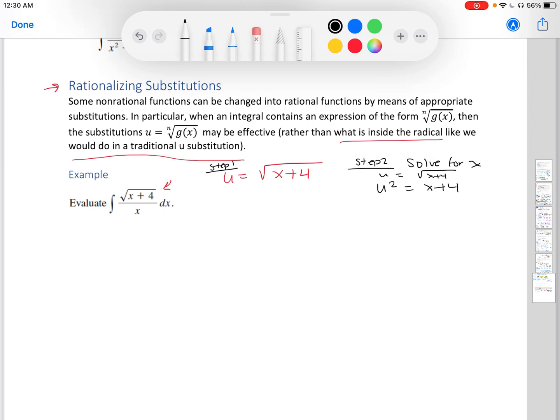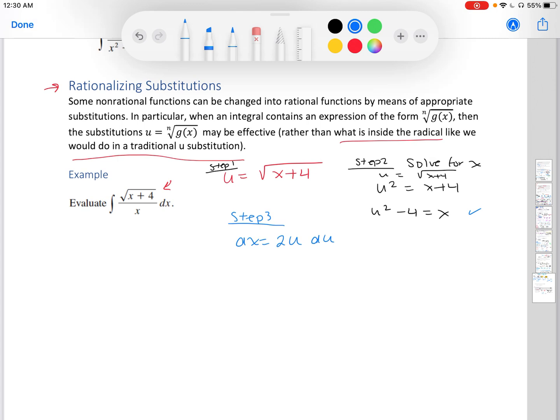Let's subtract that 4. u squared minus 4 equals x. Our third step is to differentiate for your dx. So we have dx is equal to 2u, just this derivative. Since it's a differential, we need to write that du.